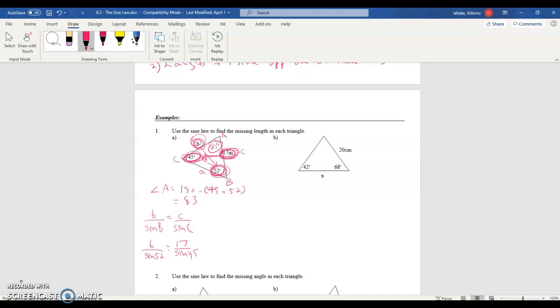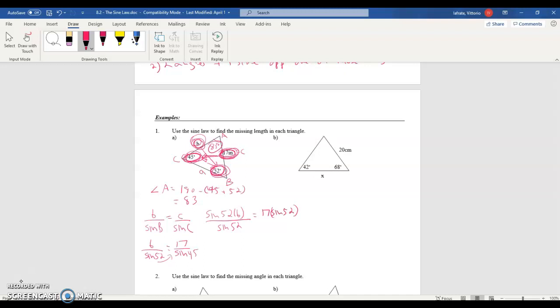And so I'm just going to continue the work here. To solve for b, we would multiply both sides by sine of 52. In other words, we'd be sending the 52 over to the other side. So we'd get sine 52 times b over sine 52 is equal to 17 times sine 52.